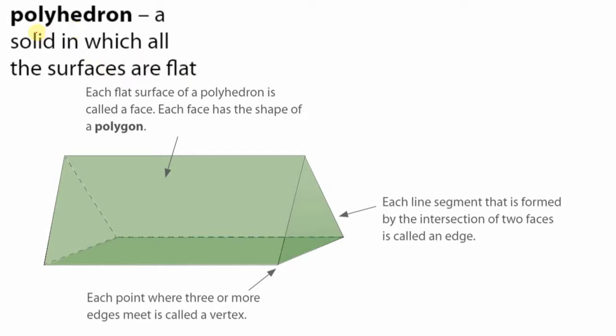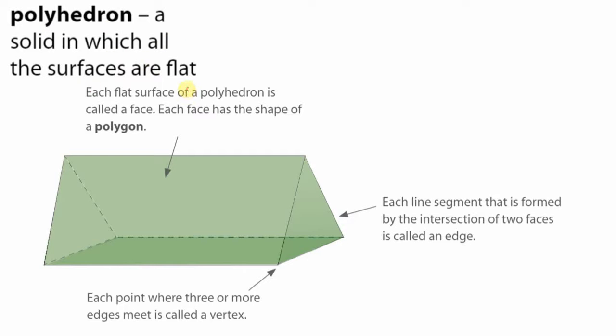Next, we need to know what a polyhedron means. It is a solid in which all the surfaces are flat. Poly we know means many. So it is basically many flat surfaces if you translate this directly, the polyhedron from Greek.